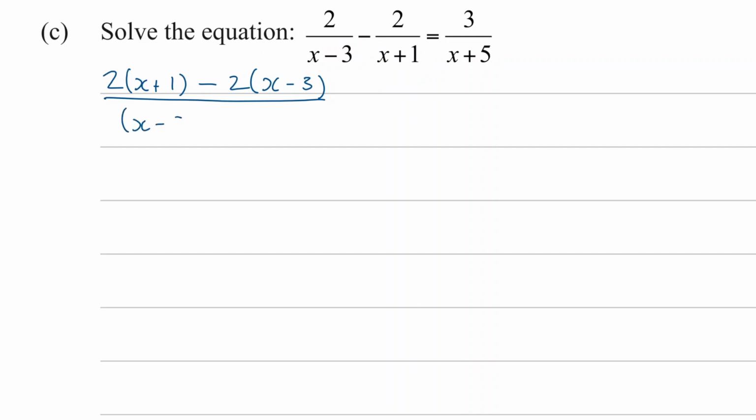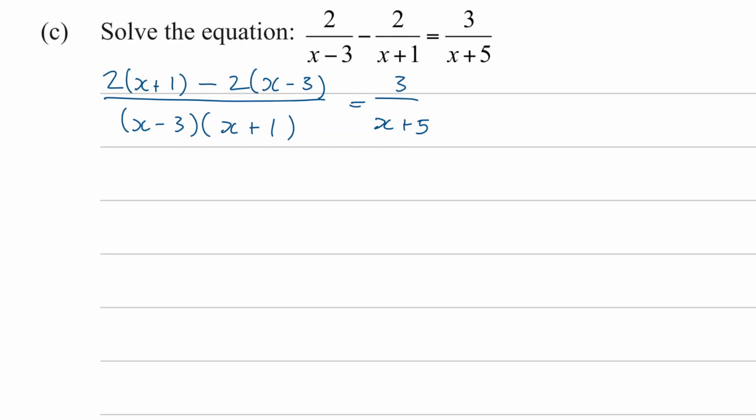And the right-hand side stays the same. Okay, this doesn't actually look any simpler, but it will in the next 2 steps, I promise.